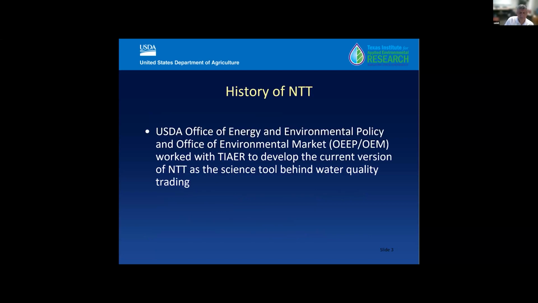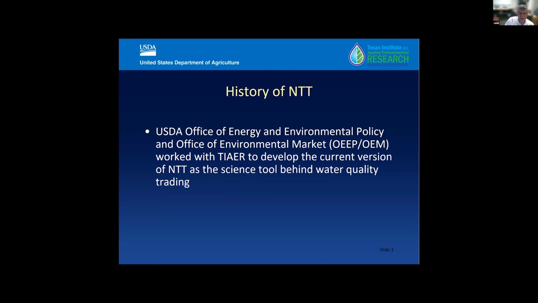The history of NTT: it started as something called the Nitrogen Tracking Tool that USDA NRCS put together a long time ago, but it was not sufficient because it was just a one-dimensional program that only dealt with nitrogen. There was a routing function, and the question became, if I do some of those conservation practices, how can I handle that?